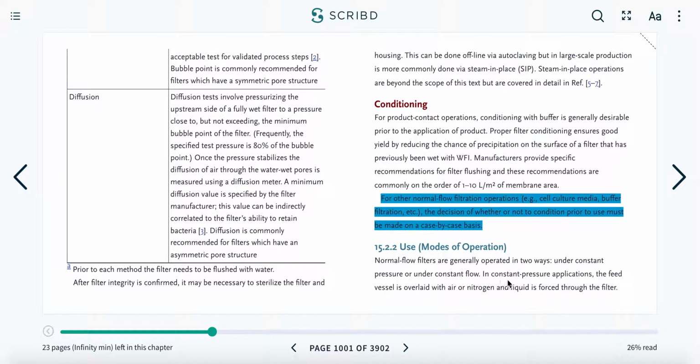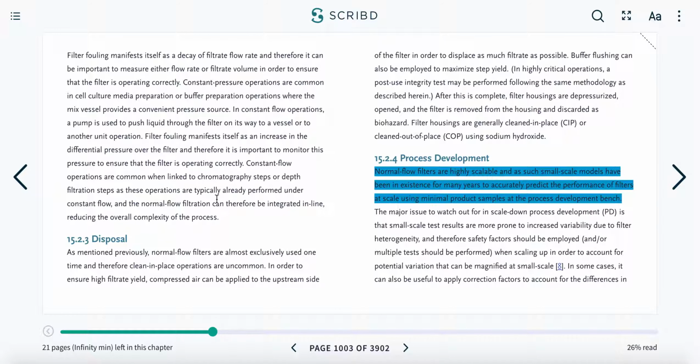So for example, in constant pressure, you have the vessel where the feed is, where you're supplying the feed from. That vessel should have air or nitrogen as an overlay, and then the liquid is forced through the filter.